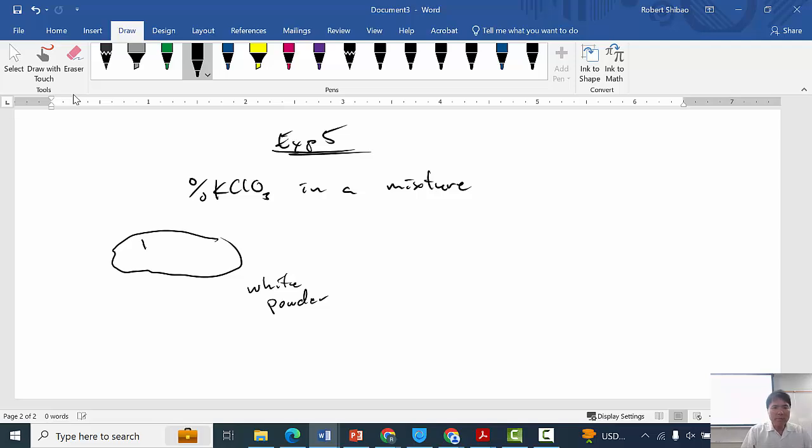And this white powder contains solid KClO3 plus other stuff. Now the other stuff is going to be inert. Inert in this context just means unreactive. And so there's some other white solids in there that are inert. It could be just one other, or it could be multiple.